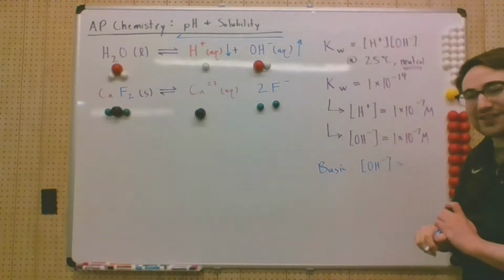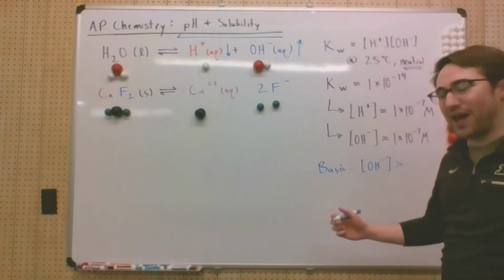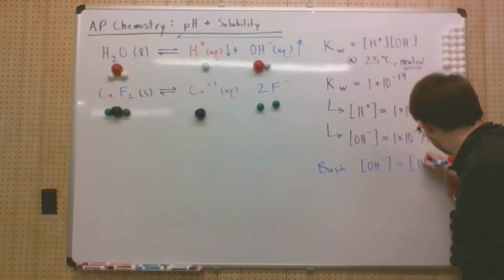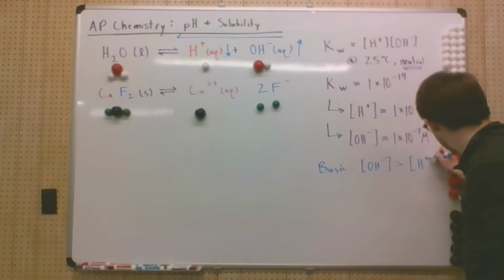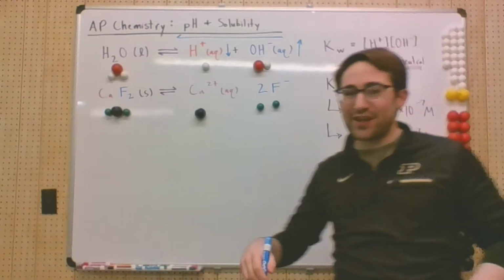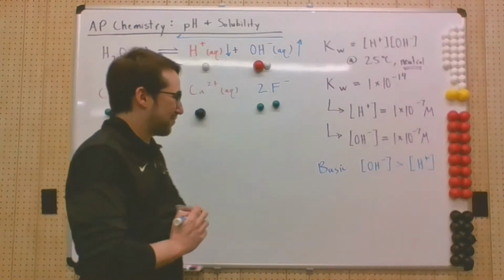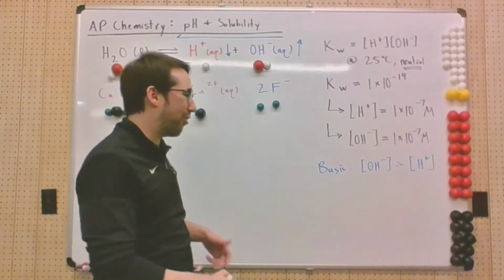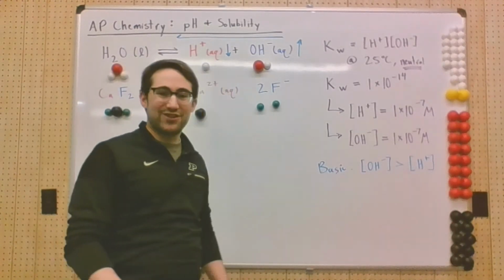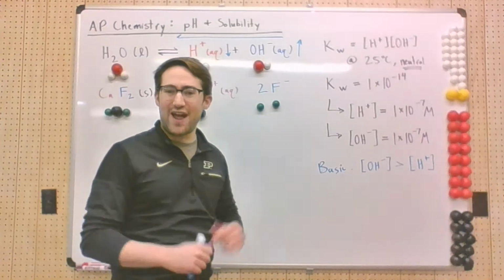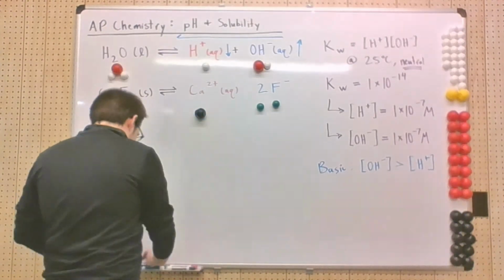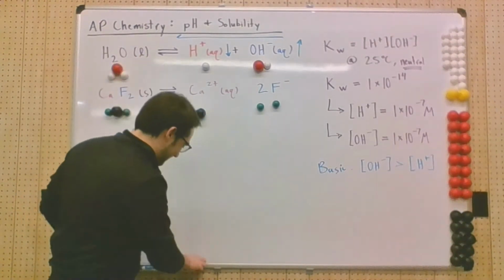Our OH minus concentration is going to be greater than the H plus. It's not really correct to say that our concentration is going to be only full of OH minuses and there's no H pluses in a basic solution. There actually are. And it's an important part of that equilibrium.